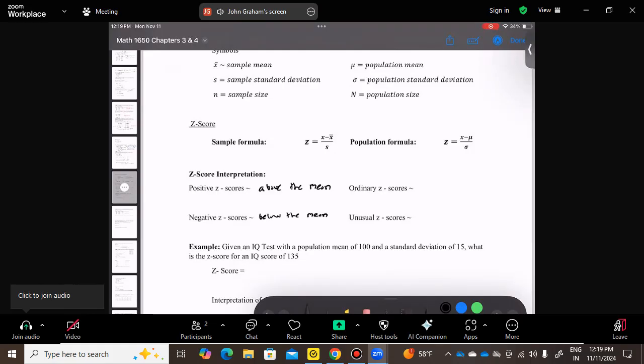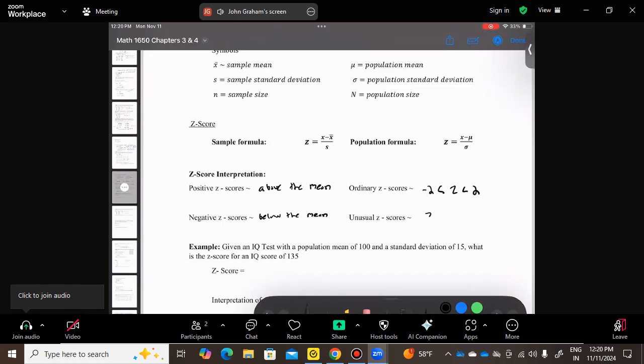If you look at the formula here, x minus x bar, for this to be positive, x has to be higher than x bar. What we call ordinary z-scores are between -2 and 2, so anything from 2 below the mean to 2 above the mean.